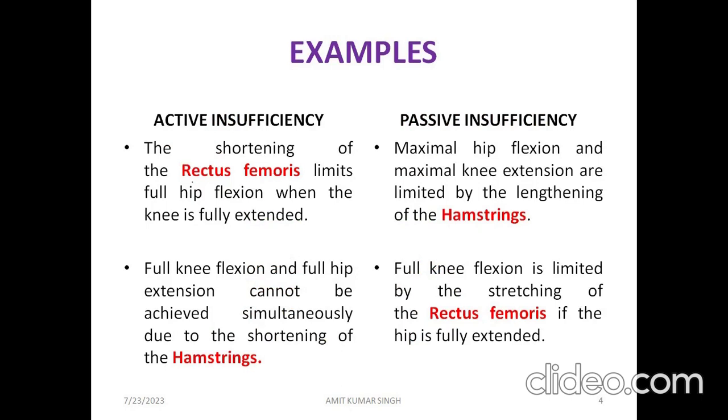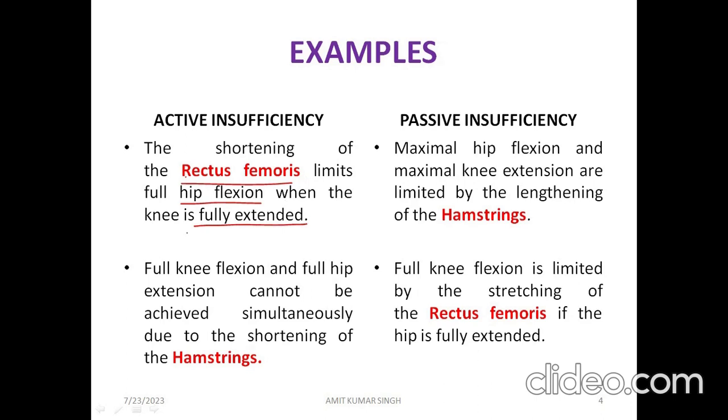If we take the example of the rectus femoris muscle, we know the rectus femoris is also a two-joint muscle, part of the quadriceps. The function of rectus femoris around the hip is hip flexion, and around the knee is knee extension.